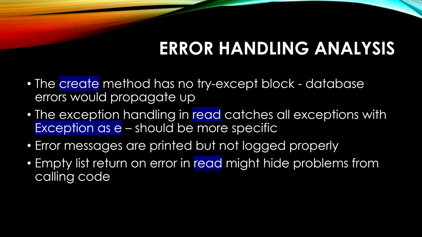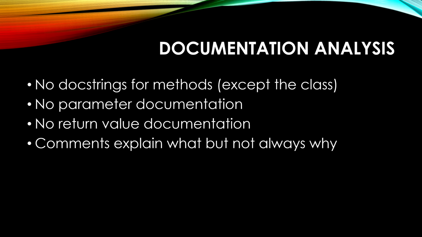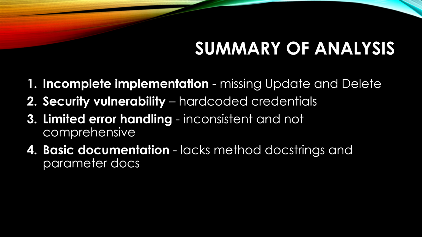Error messages are printed out but not logged properly. Returning an empty list on error in read might hide problems from calling code. Next, documentation analysis. There are some comments explaining what the code does, but no docstrings for methods, no parameter documentation, and no return value documentation. Comments explain what, but not always why.